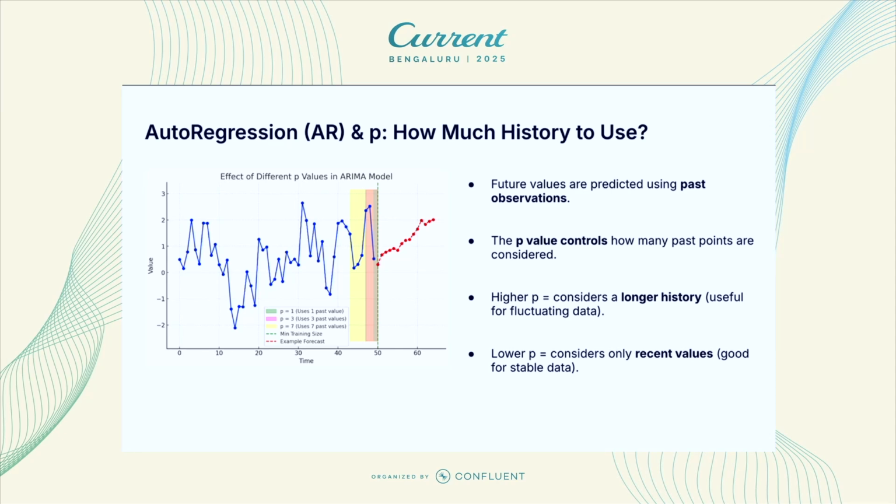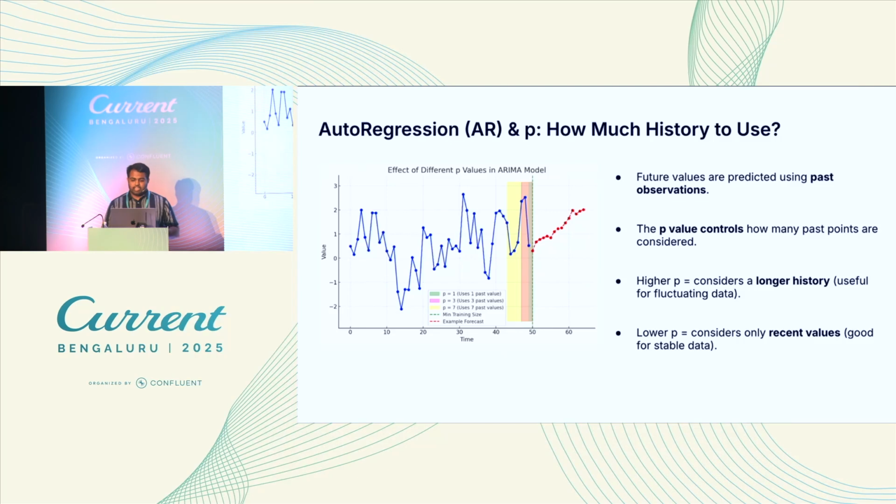Going back to your GPS, it estimates your arrival time based on your speed. So if you've been driving at 60 miles per hour for the past 5 minutes, it assumes you will continue at that speed. But if your speed frequently changes, the GPS might look further back, a higher P, to figure out what the forecast should be.